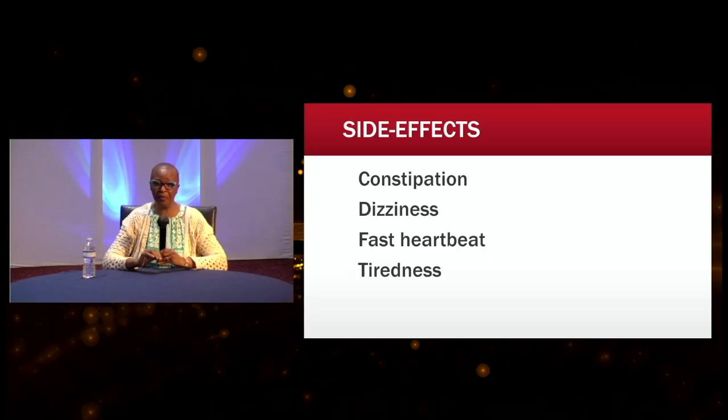Your heart has to beat or contract to pump the blood out. If you have hypertension, your heart is sensing a resistance. So it's pumping harder and more and trying to push the blood out. In order to prevent you from getting a stroke, they put you on a calcium channel blocker.